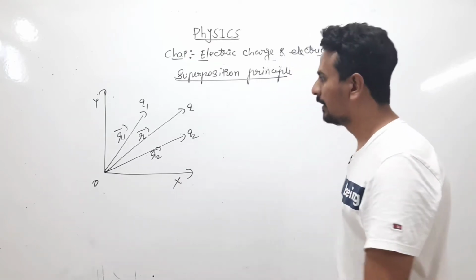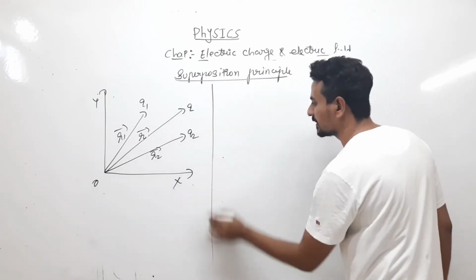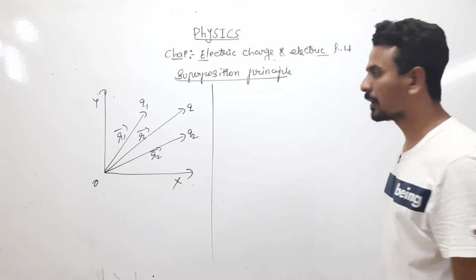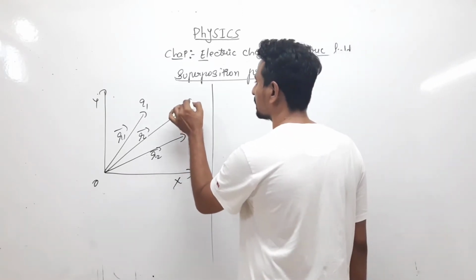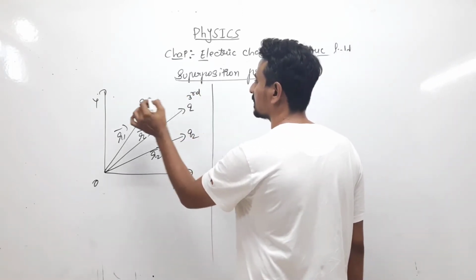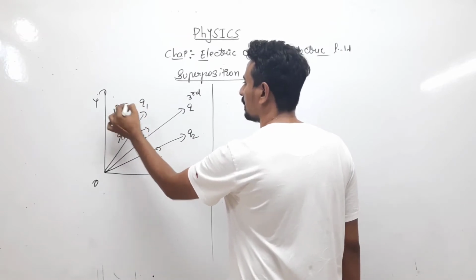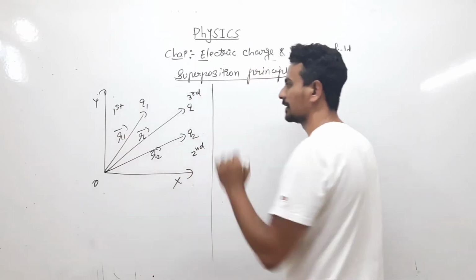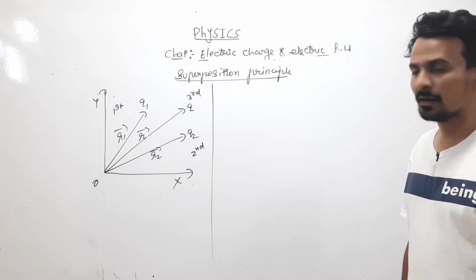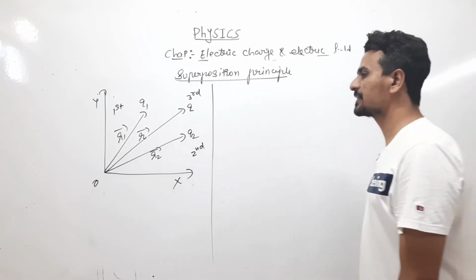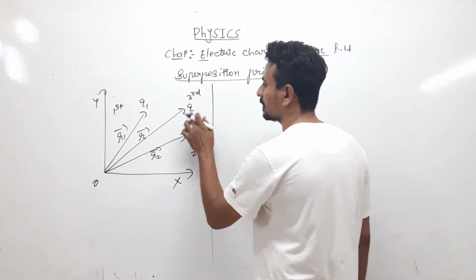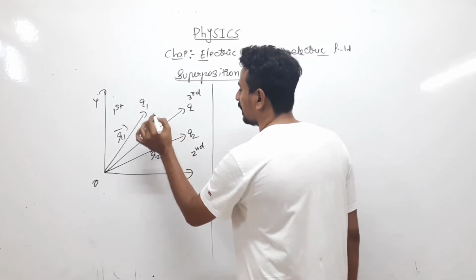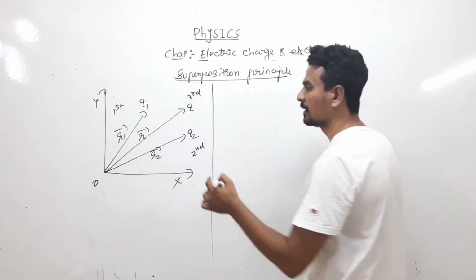Let us consider 3 charges. You are asked to calculate the force on the third charge. This will be your first charge, this will be your second charge, and let this be the third charge.